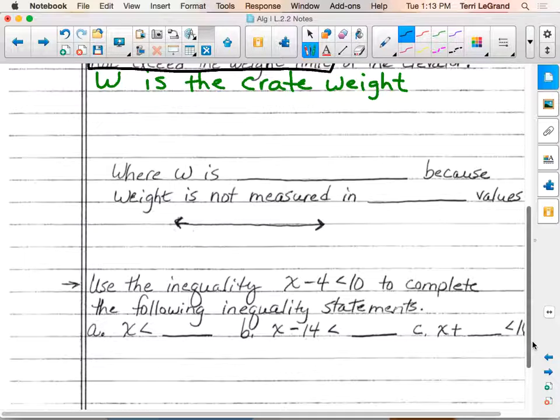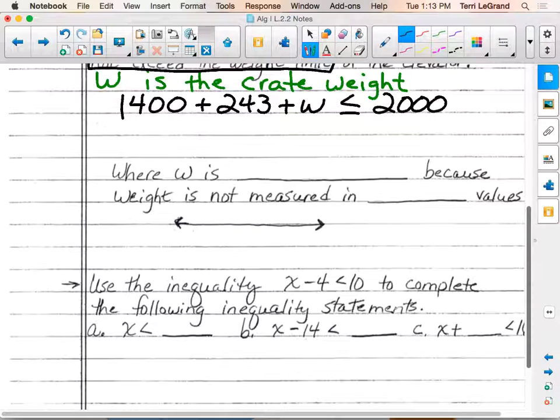Okay, who's going to share theirs with us? Okay, thanks, Corey. 1400 plus 243 plus W is less than or equal to 2000. Trying to keep up here.